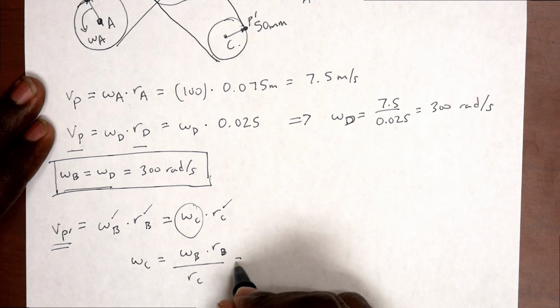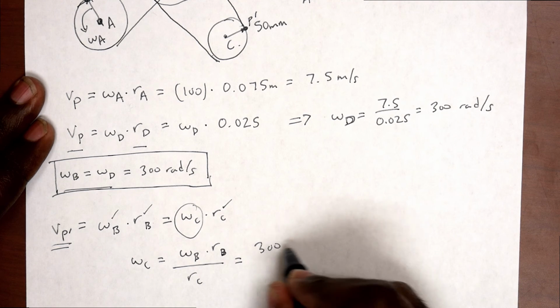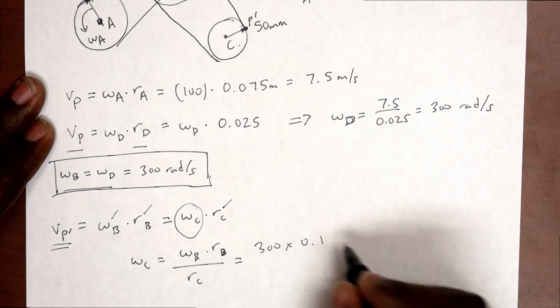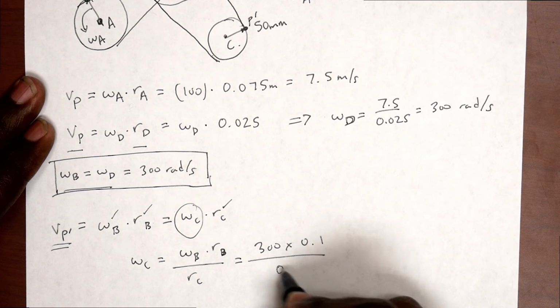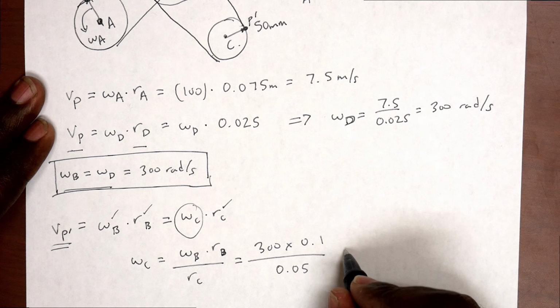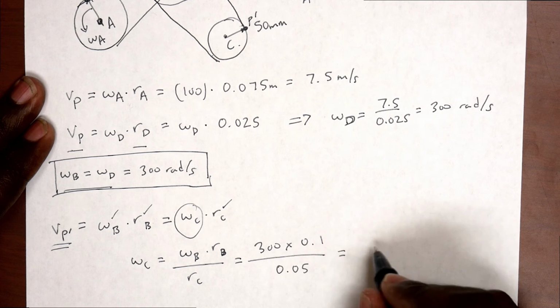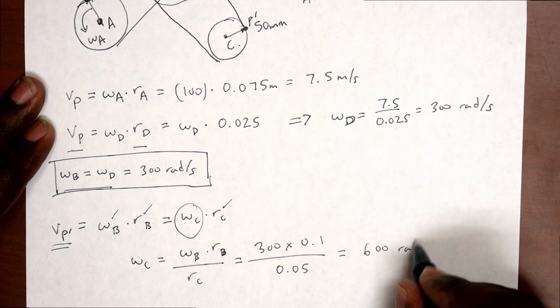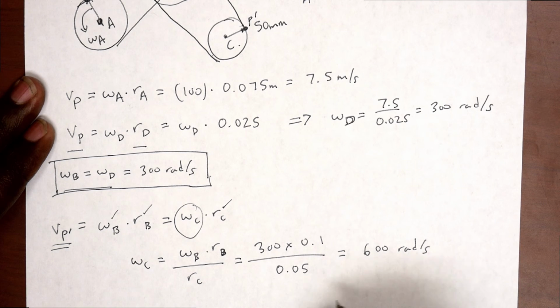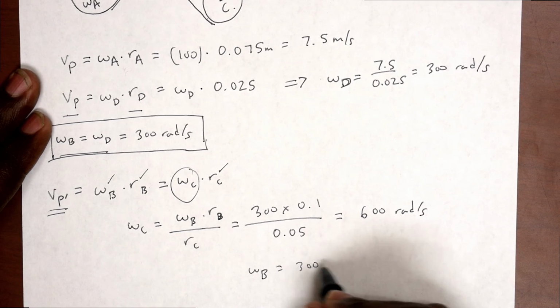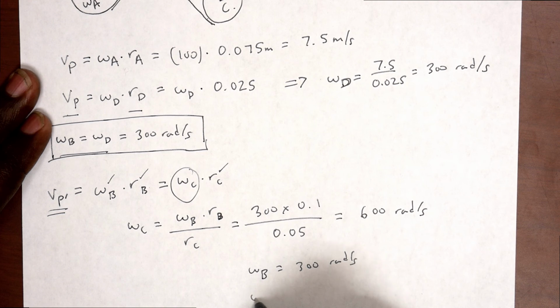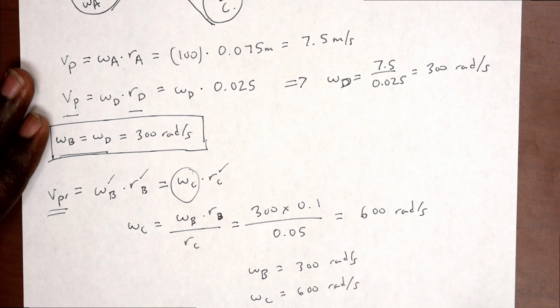And so if you run the numbers on that, this is 300 radians per second times 100 millimeters, so 0.1 meters, divided by 0.05, and that's equal to 600 radians per second. So what we see is that omega B is equal to 300 radians per second, and omega C is equal to 600 radians per second. Alrighty.